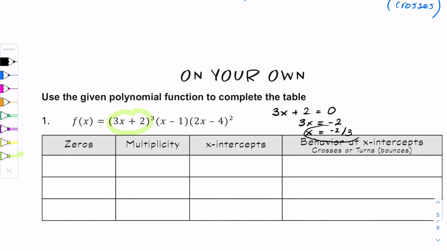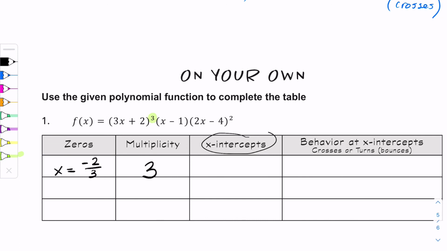This is called a 0. So x equals -2/3. The multiplicity at this point is asking us how many times that factor occurs. That factor happens 3 times. The x-intercept is asking for the actual location of that point.